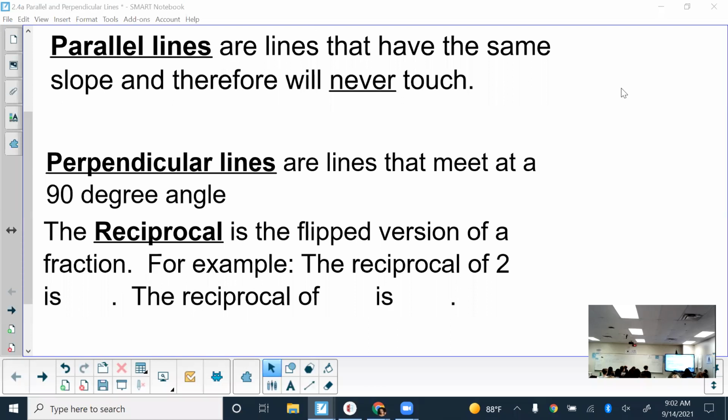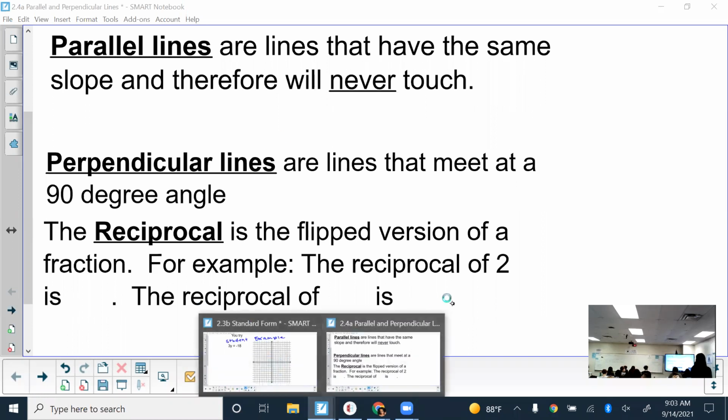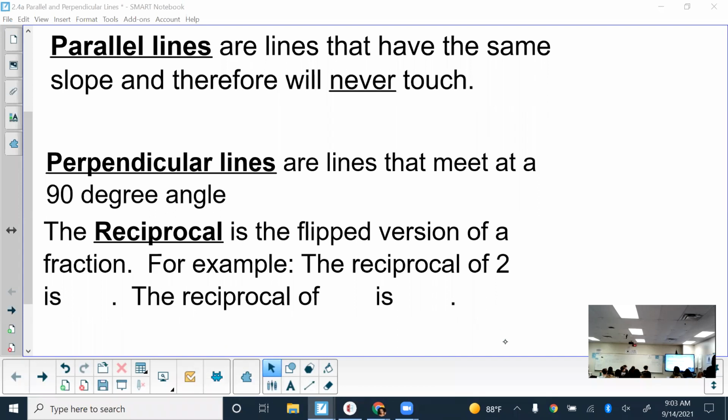So parallel lines, like I said, they have the same slope, therefore they will never touch. So if I asked you, are these lines parallel, then you need to be examining their slopes. So that means that they need to be in probably slope-intercept form, because that's where you can clearly see the slopes.